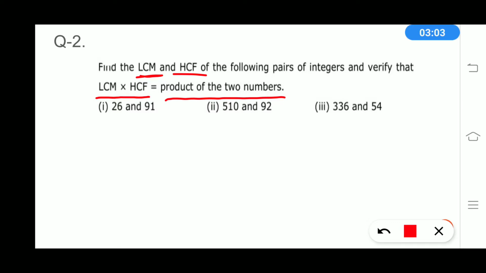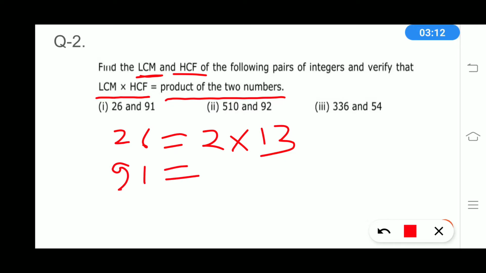First one: 26 equals 2 into 13, and 91 equals 7 into 13. So HCF equals the smallest power of each common prime factor. Here the common prime factor is 13, and the smallest power is 1, here 1, same.